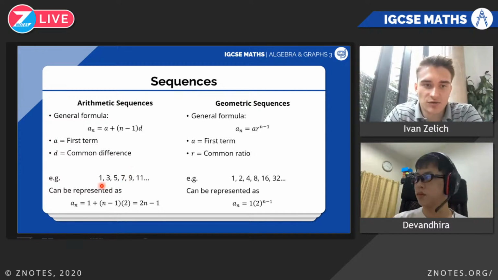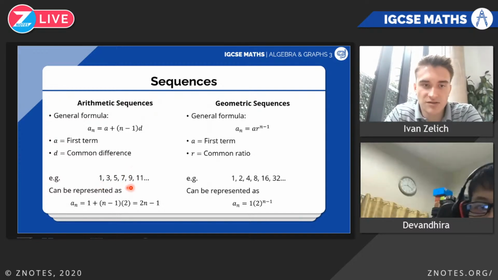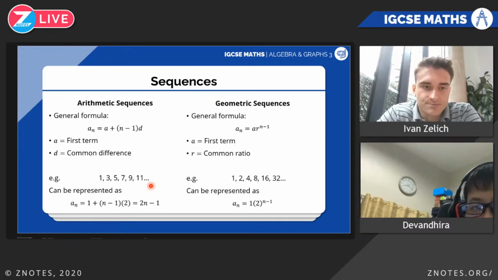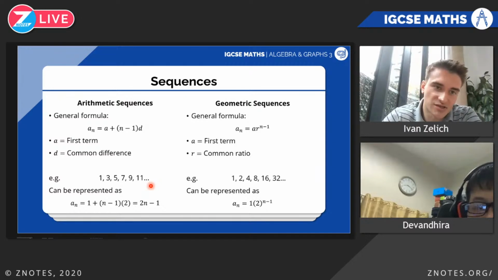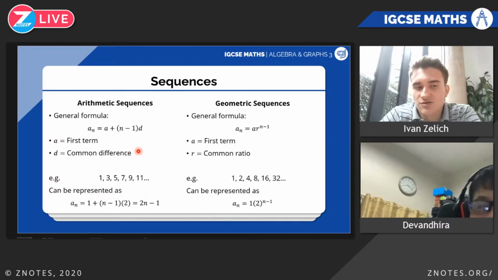So if you want to find the third term in this sequence, you go 1 plus 3 minus 1, which is 2, times the common difference, which is 2. So 1 plus 4 is 5, etc. That's very useful because when you're trying to figure out the next terms, sometimes it can be a bit complicated, and this gives you a simple way of doing it. However, it's always important to know where these formulas come from because sometimes that's more useful than just applying it.